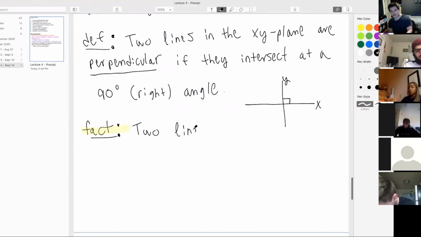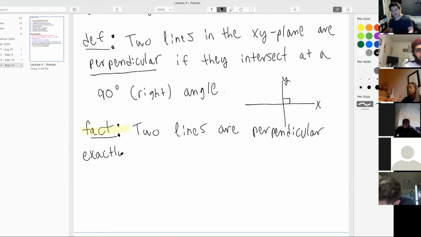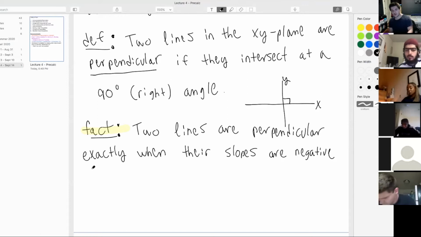Two lines are perpendicular exactly when, and we're going to make a statement about their slopes, exactly when their slopes are negative reciprocals of one another.